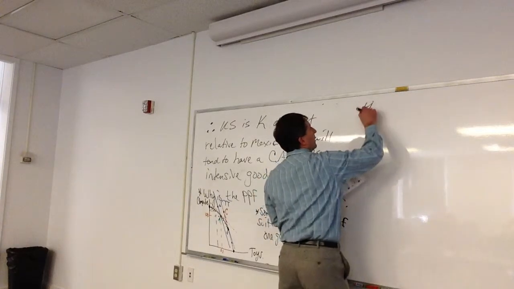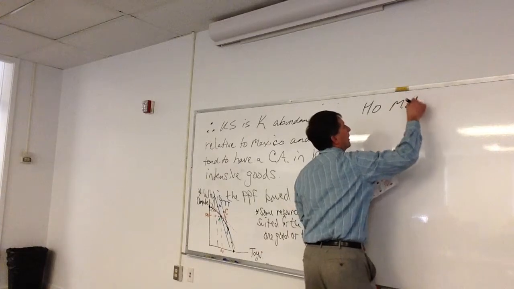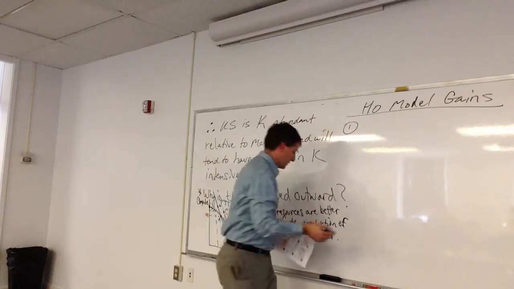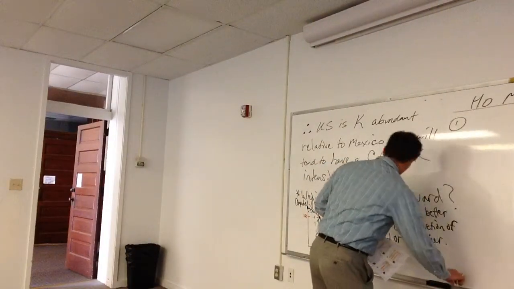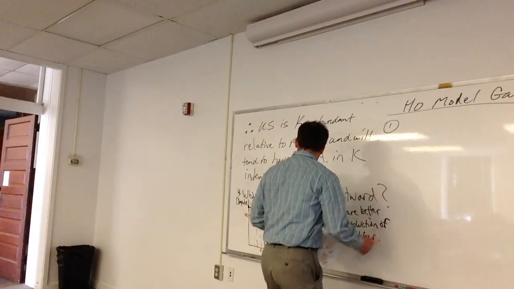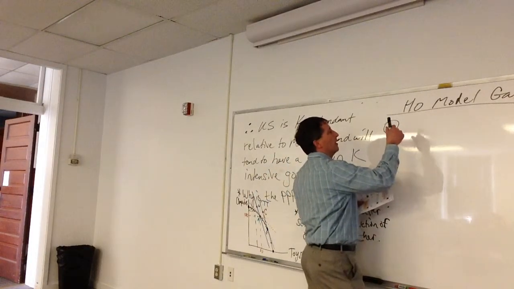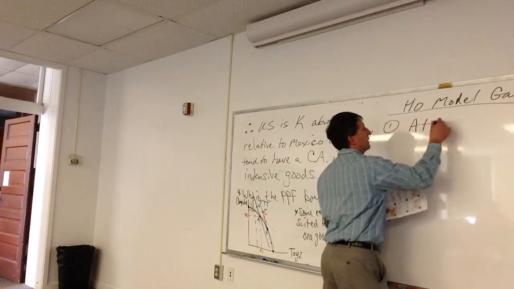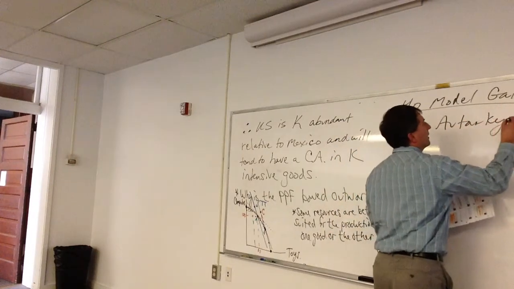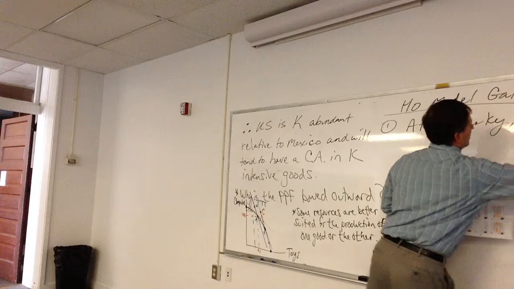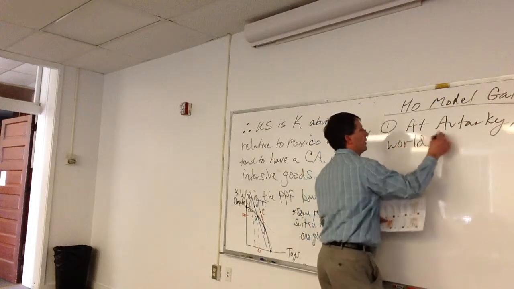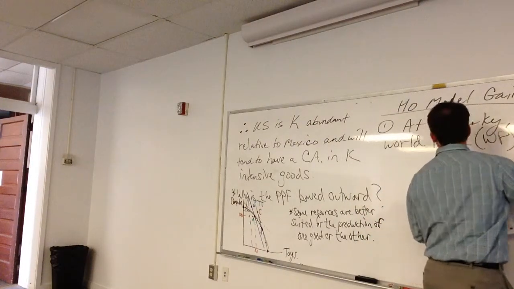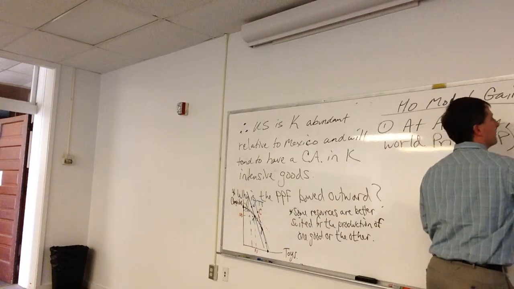All right, so HO model gains. Number one, at autarky, compare the world price to opportunity cost.